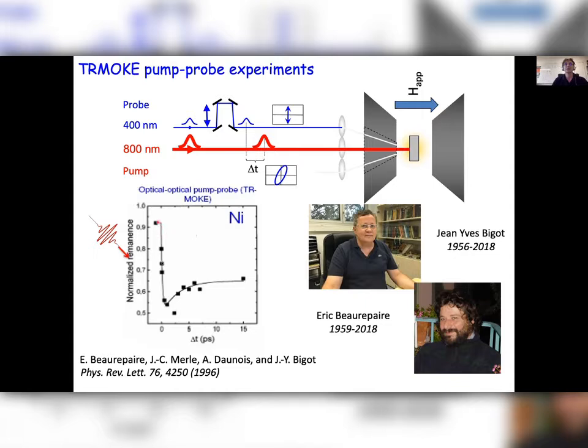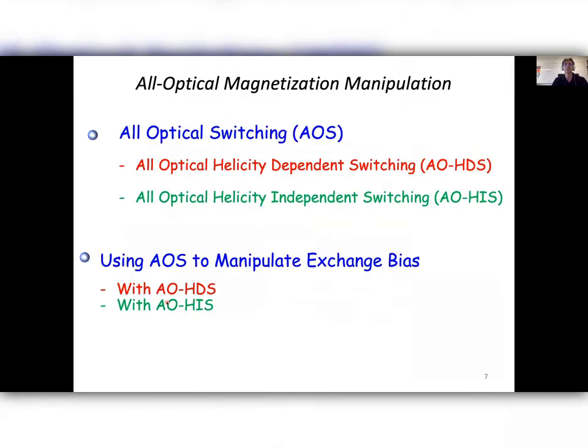They obtained these curves showing the magneto-optic signal, so basically the magnetization as a function of time. They observed this ultra-fast demagnetization, which was very surprising, and it's still under discussion. But here, it was demagnetization, no switching, no deterministic switching.